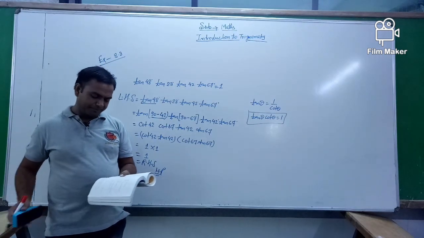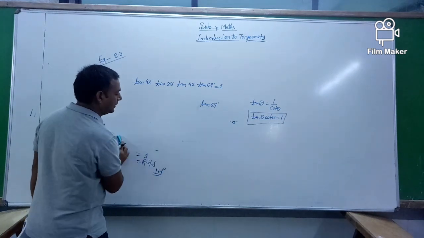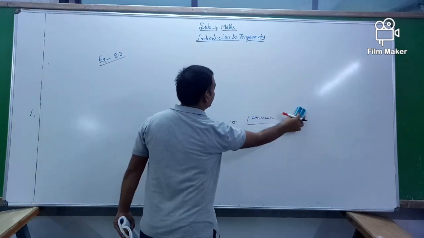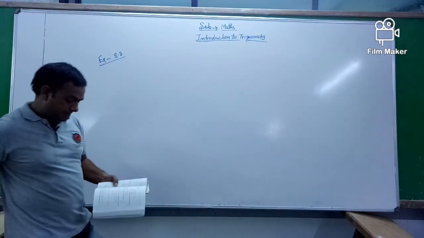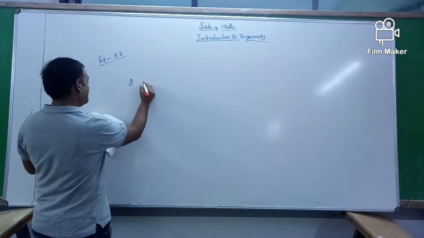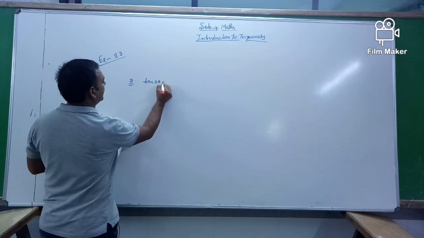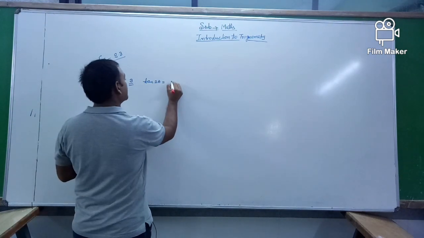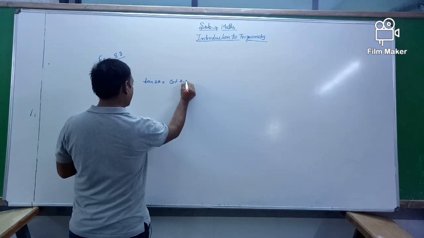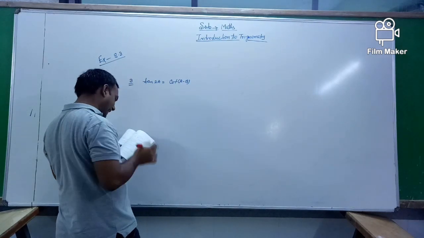Next, question number 3. In question number 3, it is given tan 2a is equal to cot a minus 18, and the condition is that 2a is an acute angle.